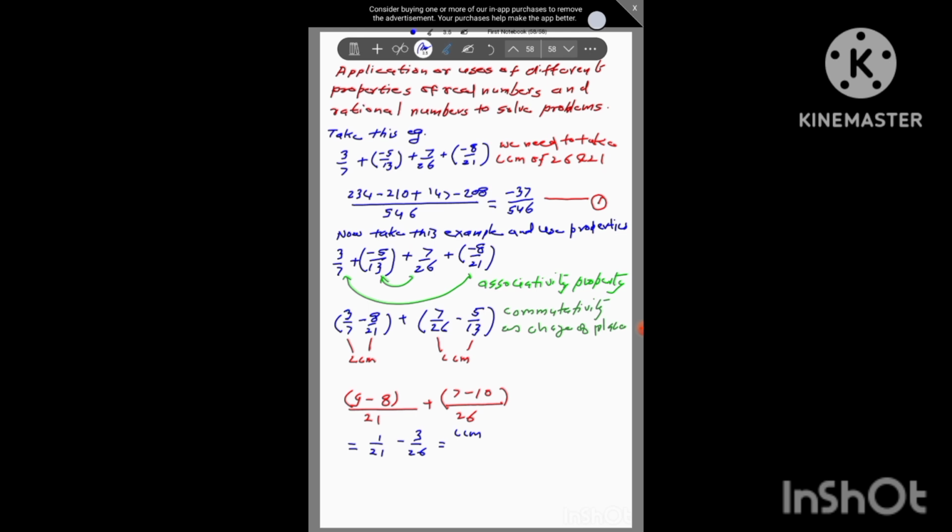Now you have to take LCM of 26 and 21, but you are dealing with smaller numbers comparatively than the previous one. Because your answer is minus 37 upon 546.